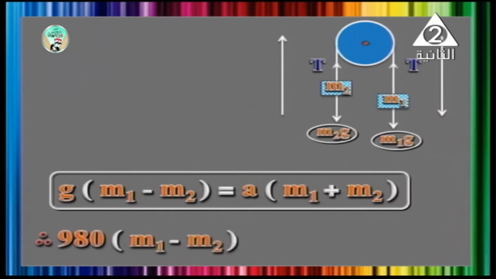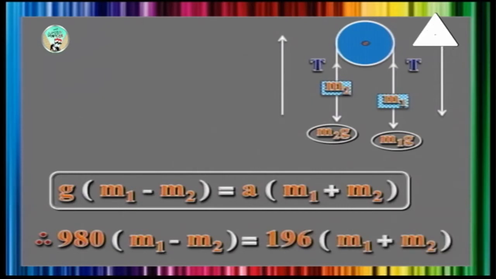G equals 980 multiplied by the bracket containing M1 minus M2 equals A, 196. Remember, my dear student, acceleration A is 196 centimeters per second squared, but G equals 980 centimeters per second squared. Look at, my dear student, what is the ratio?